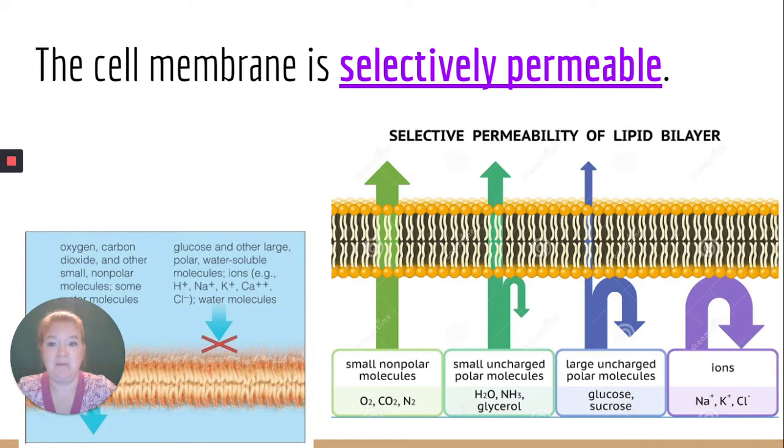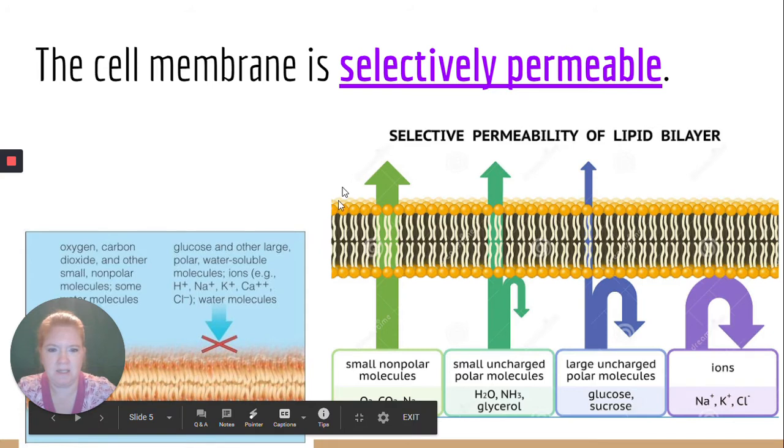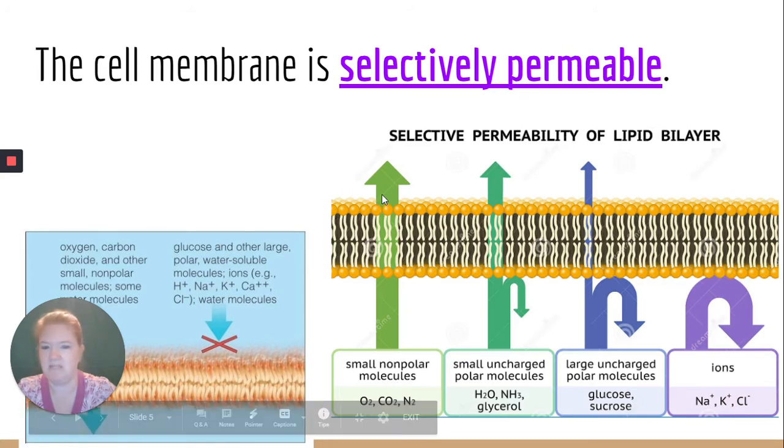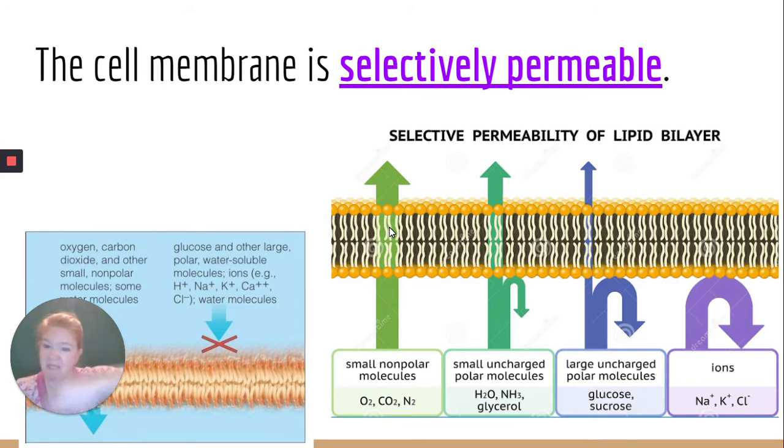Now, the cell membrane is selectively permeable. Big words, selectively permeable. And you can look in these illustrations, you can see some things like little particles, especially gases, can just cross the membrane easy peasy, in and out as needed.